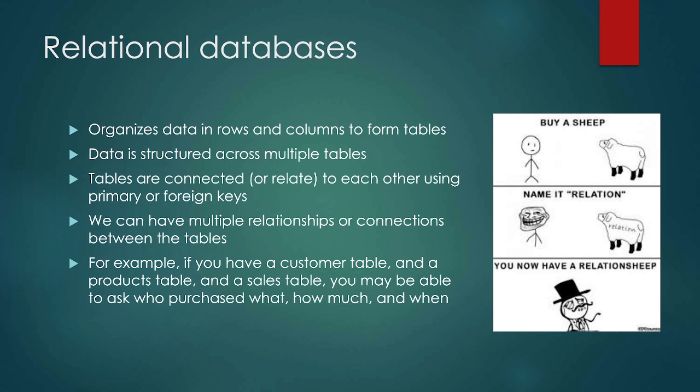For example, if you have a table of customers, a table of products, and a table of sales, assuming you keep this data, you would be able to ask something like, who has purchased pencils in the last 6 months?